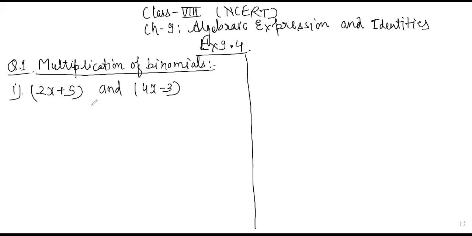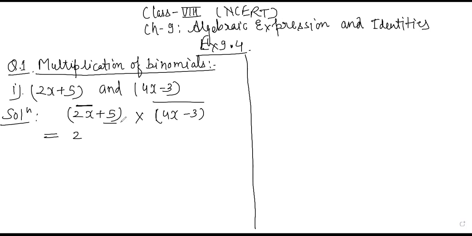Okay, so this is the question, first part. So let us start the solution. Now one by one. Firstly, we will multiply this 2x with the whole bracket, then 5 with the whole bracket later on. So 2x into 4x minus 3.